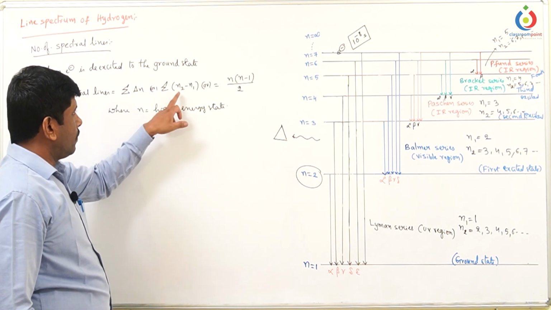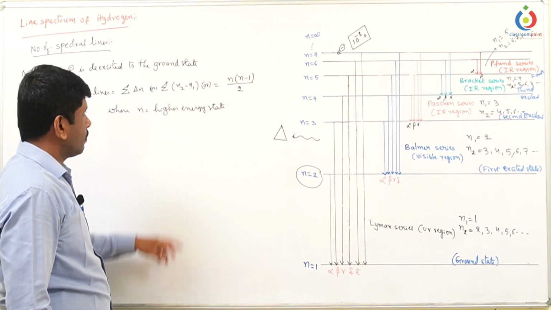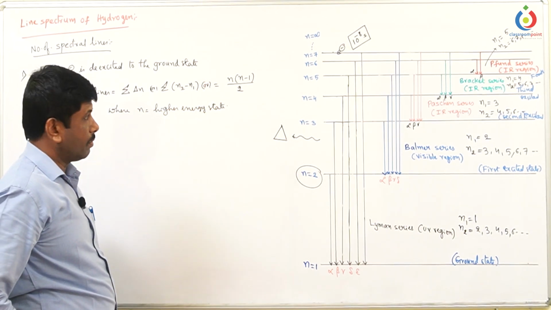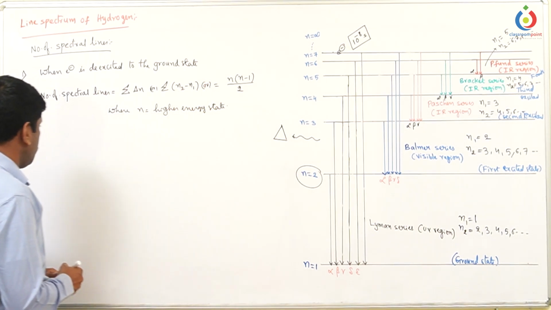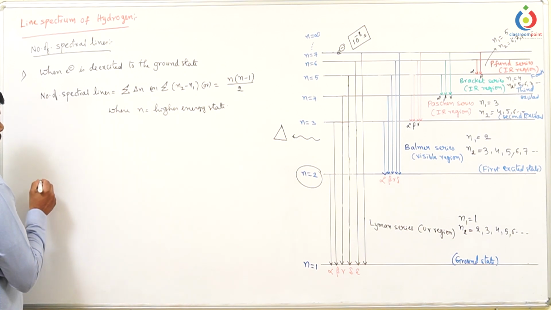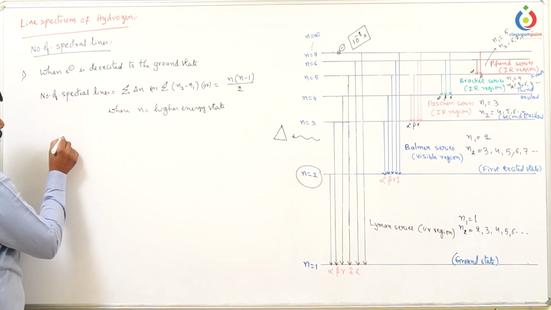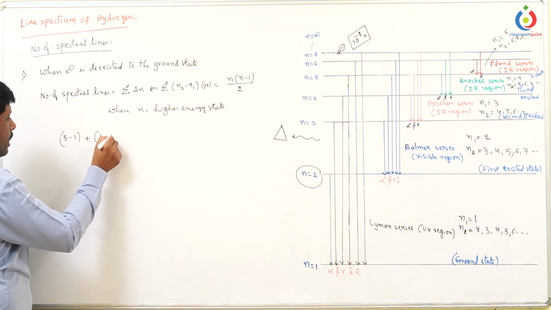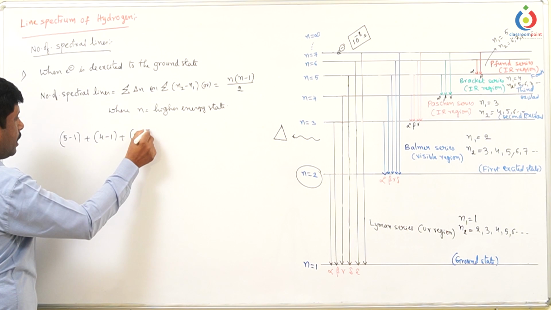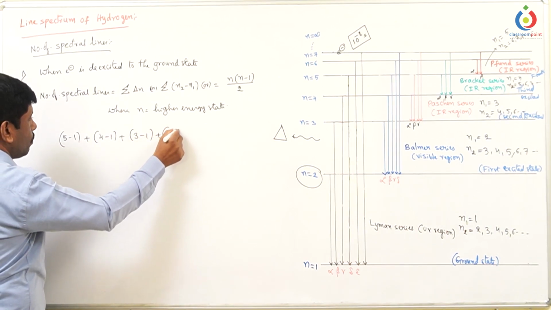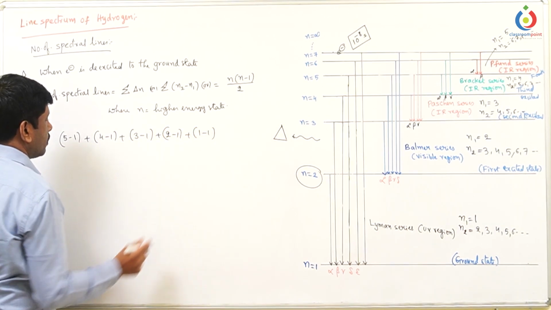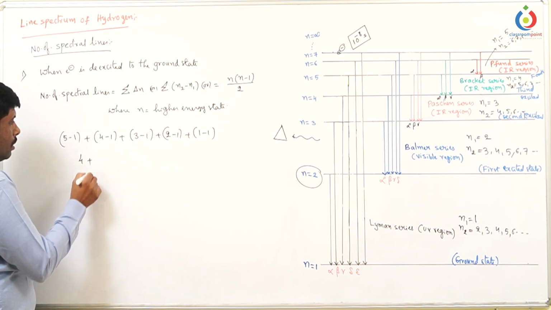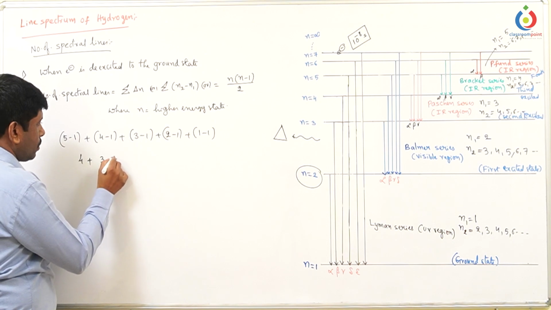Let us use this formula; later we shall come back to the other one. Using sigma (n2 minus n1), we have to calculate all the differences: 5 minus 1, plus 4 minus 1, plus 3 minus 1, plus 2 minus 1, plus 1 minus 1. So 5 minus 1 is 4, 4 minus 1 is 3.